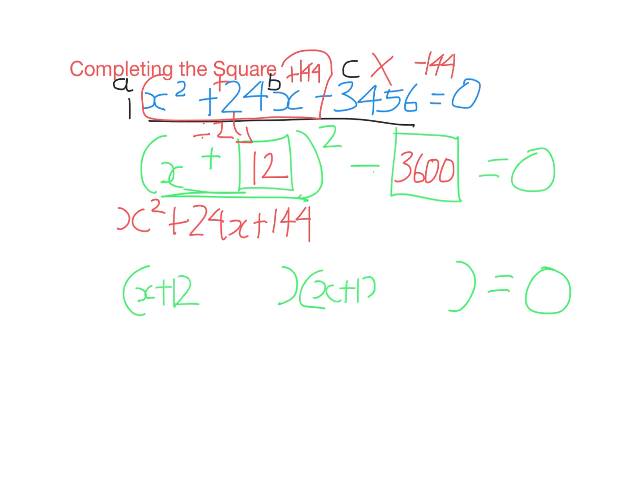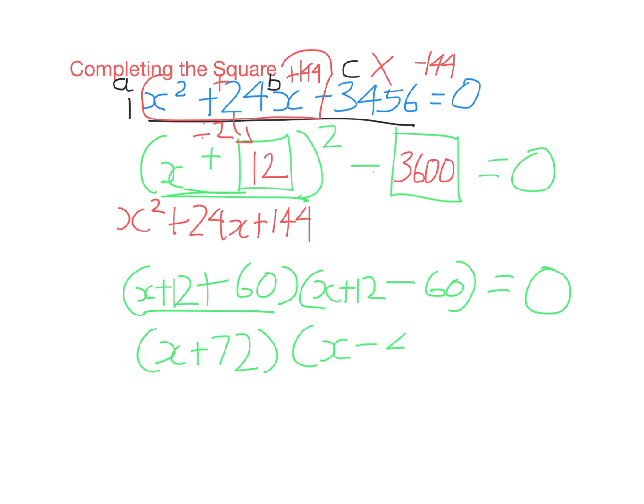Now the square root of 3600 is 60. One bracket gets a plus, one gets a minus. So this first bracket, well, 12 plus 60 is just 72 when you collect like terms, and 12 minus 60 gives you negative 48. So now we've factorized it, we've completed step 2. Step 3 is use the null factor law.